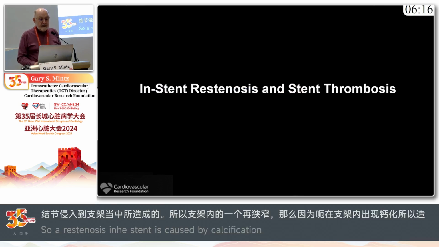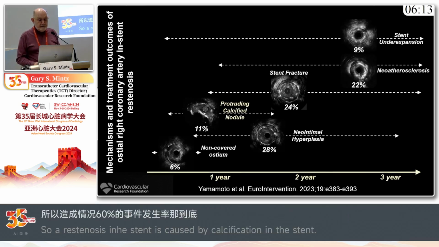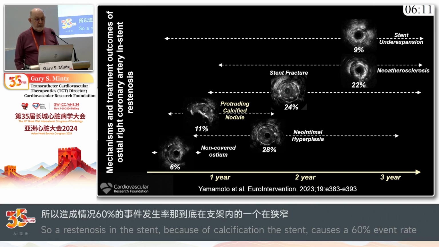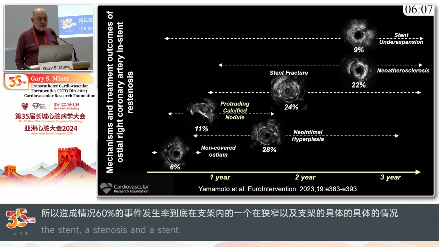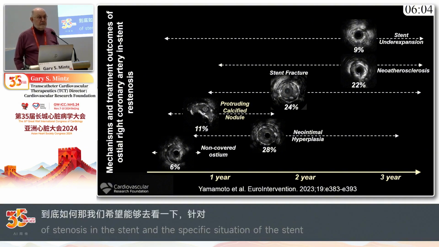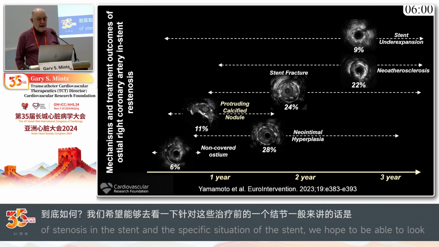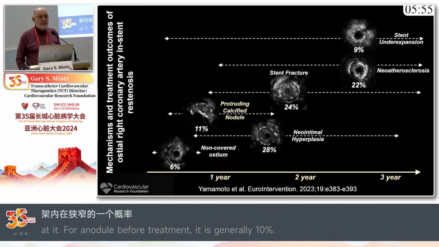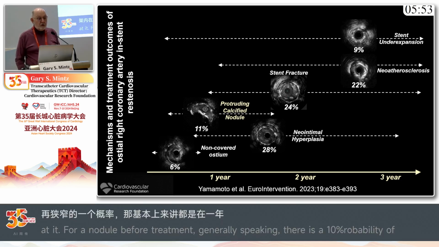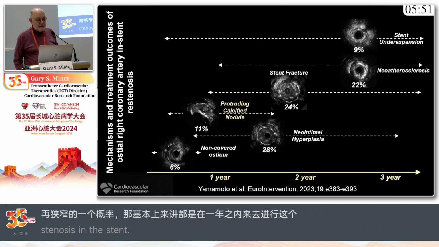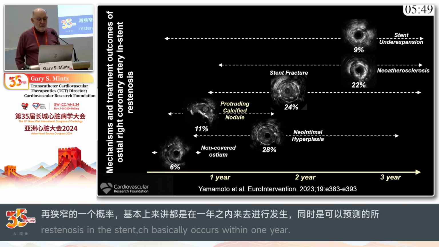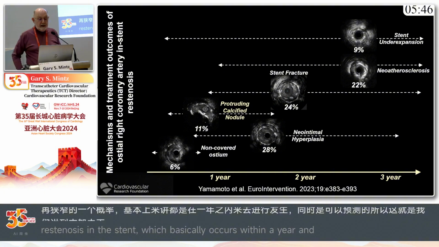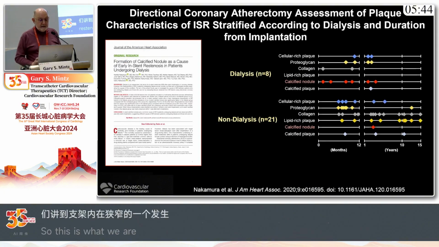So what about in-stent restenosis and stent thrombosis? Well, we looked at proximal right coronary artery in-stent restenosis, and protruding calcified nodules are responsible for about 10% of in-stent restenosis in the proximal right, and they occur early. They occur within 1 year in a predictable fashion, while other causes of proximal right in-stent restenosis occur later, typically more than 18 months after stent implantation.